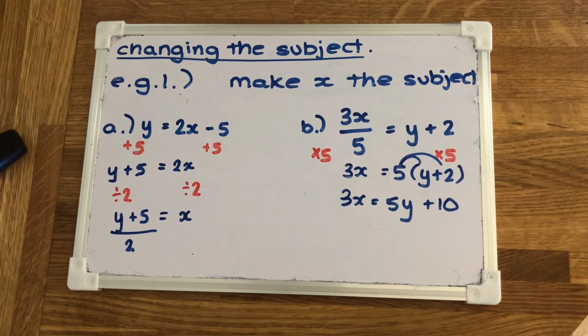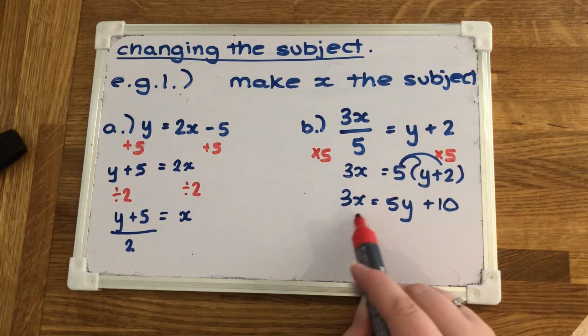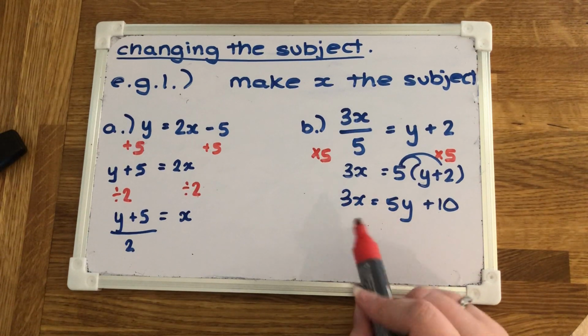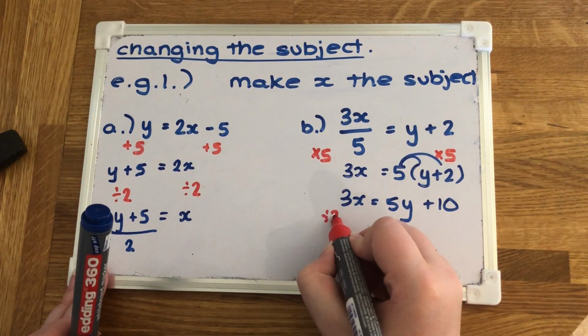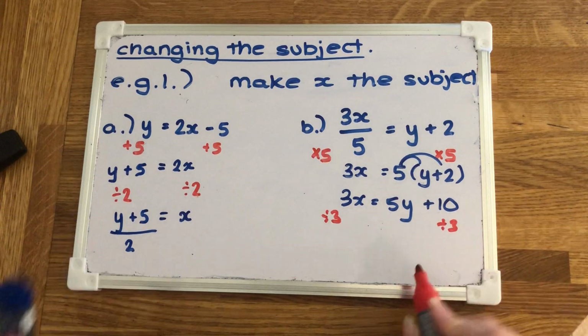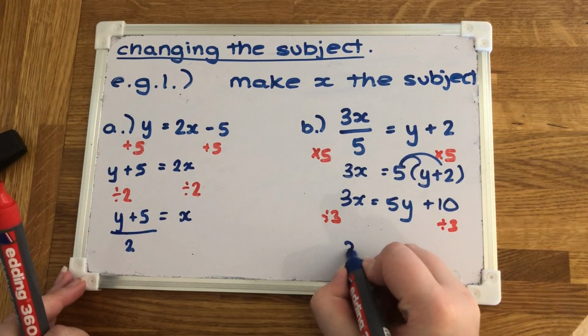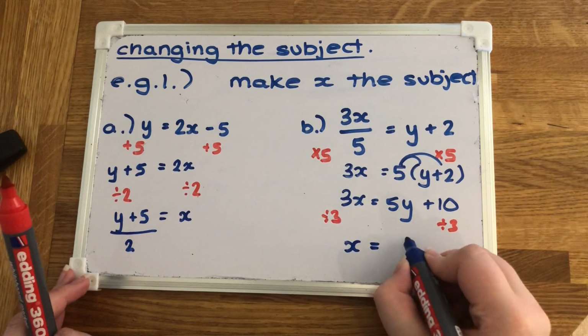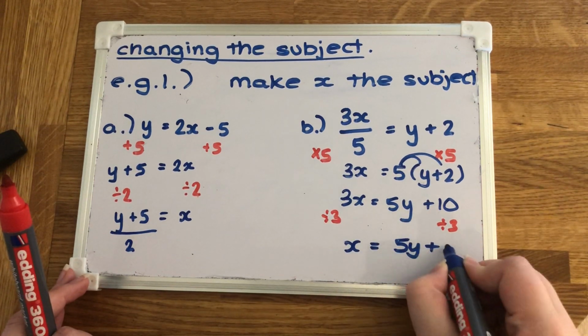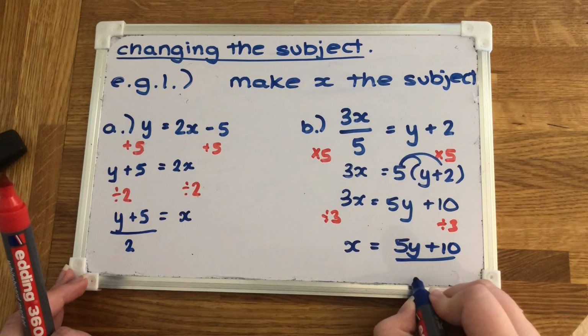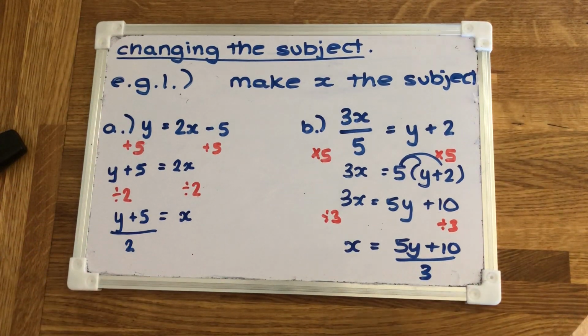Again we just want x here, we don't want 3x, so we're going to have to divide both sides by 3. And again, we're going to leave the answer as a fraction just because it's easier to do. So we're going to have x is equal to 5y add 10 divided by 3.